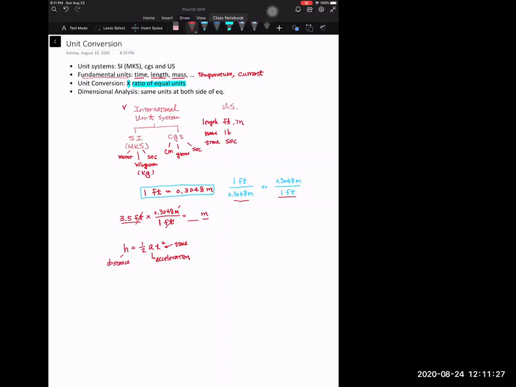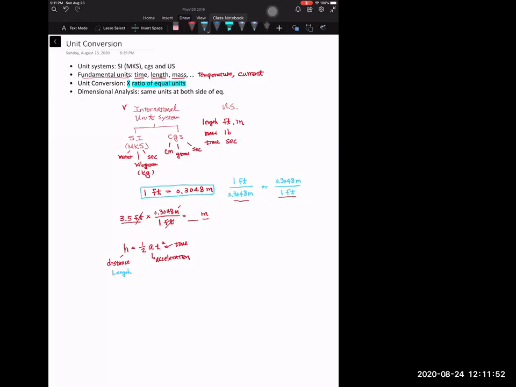What is the unit of the distance? Well, the unit of the distance is like the length. So for this one here, your unit is the length. And dimensional analysis tells you if you have an equation which is valid, then the unit on the left is going to be equal to the unit on the right.